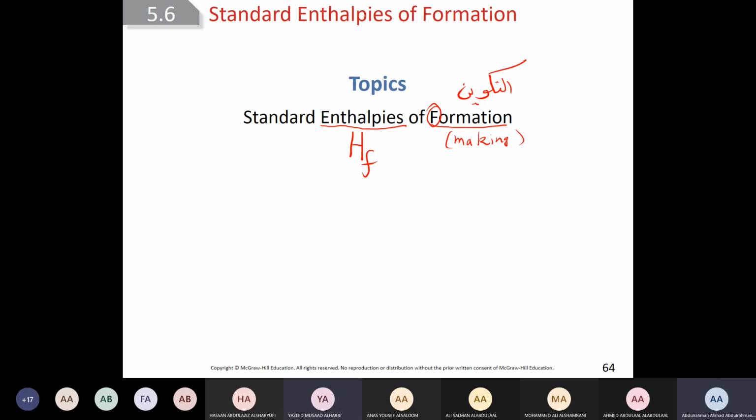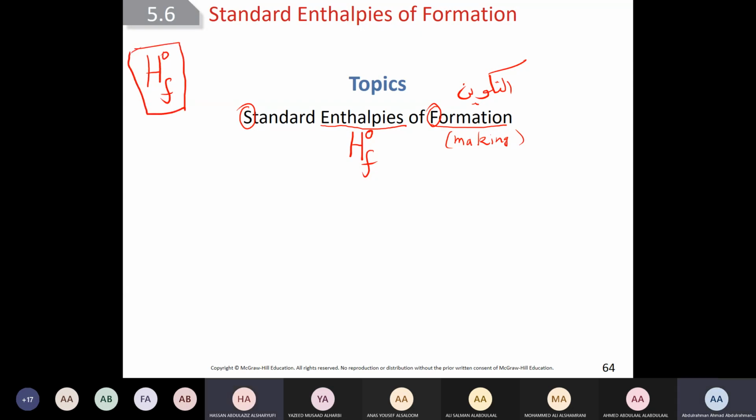And when we say standard, we put a circle here to make it standard. So we're going to talk about ΔH°f. Read this.